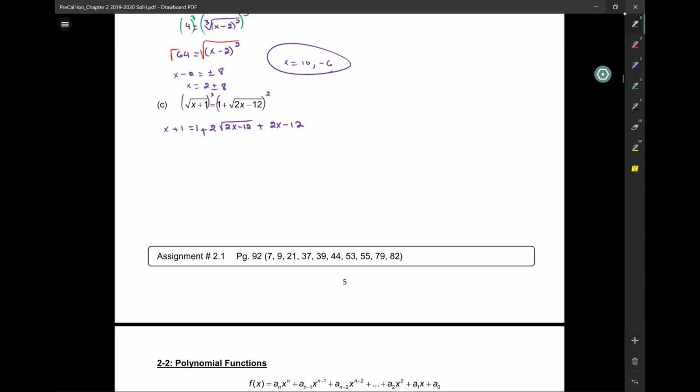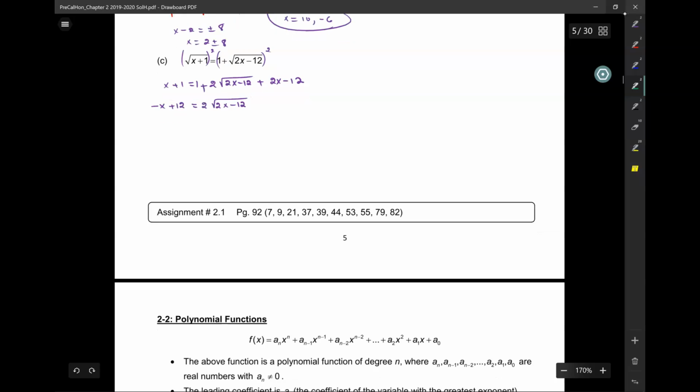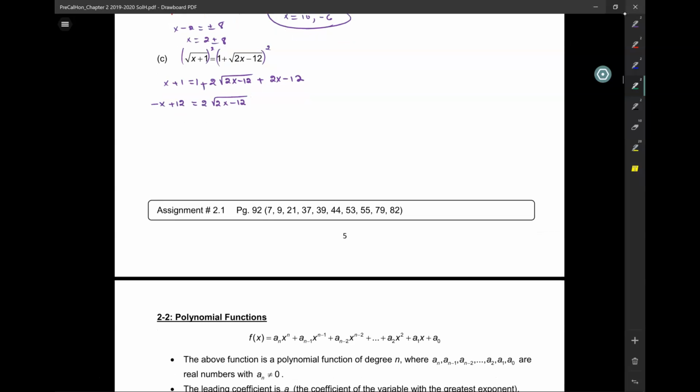So I subtract 2x, I get negative x. I subtract all the constants, I get 12, equal to this. Now, you can divide by 2 if it's going to divide evenly everywhere, but it's not going to divide evenly here, so let's not divide it. Let's just square.